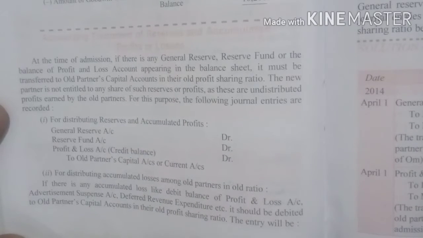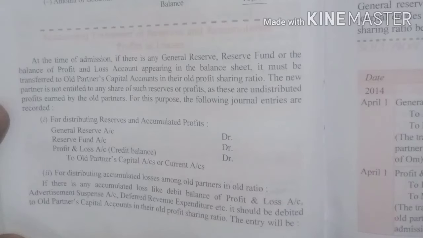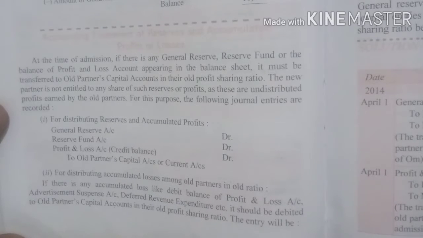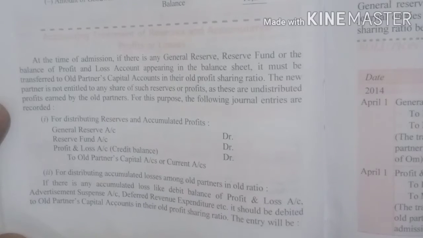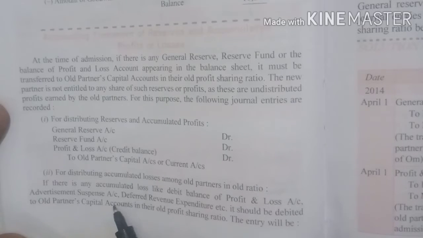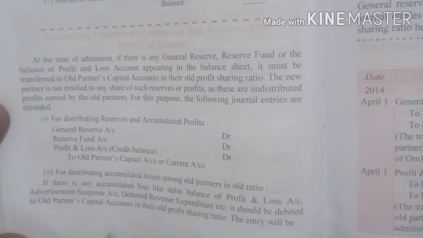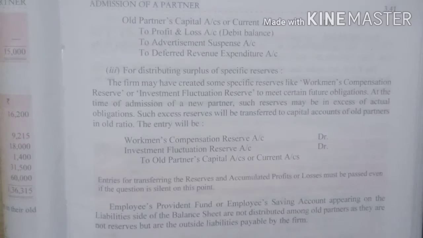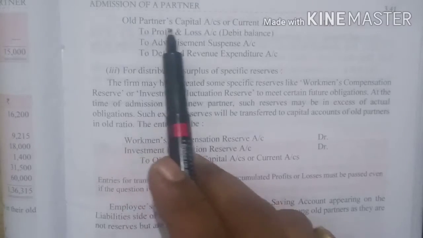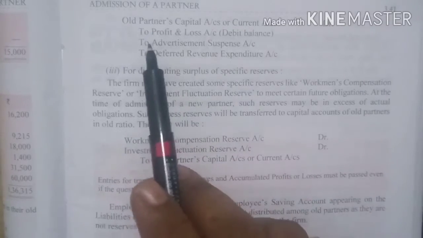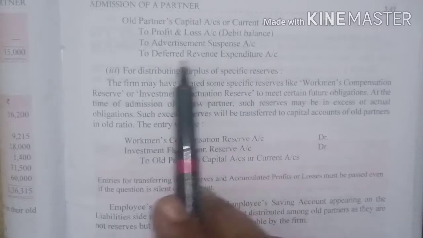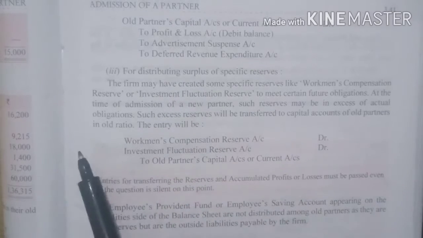Opposite entry. Old partners' capital account to profit and loss account, to advertisement suspense account, to deferred revenue expenditure account. So this is the entry: old partners' capital account or current account to profit and loss, to advertisement suspense, to deferred revenue expenditure.